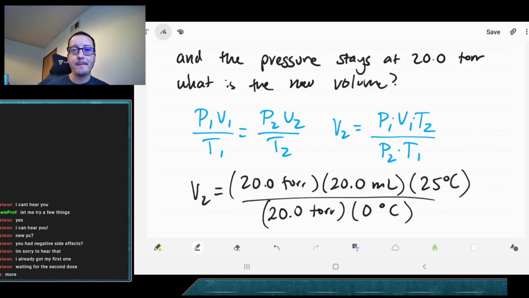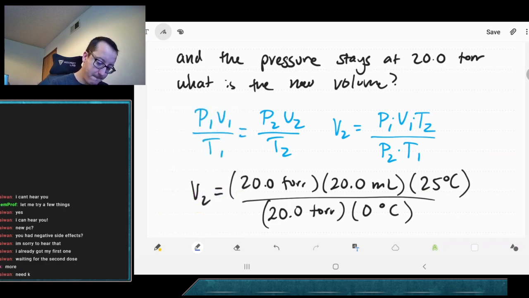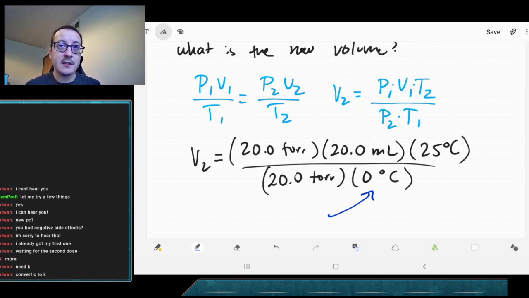What's the problem here? Indeed. If we try to just plug it in as Celsius, we divide by 0, which will make some people very mad.